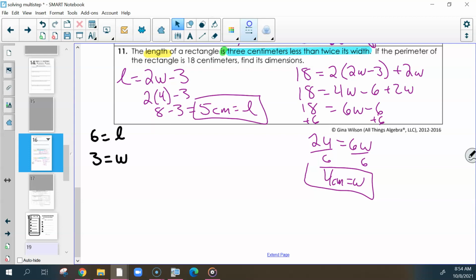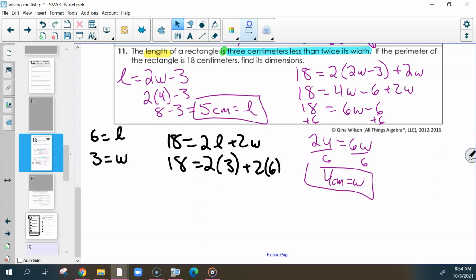So if I put this back into the original, what you originally had was 3 and 6. Well, it doesn't matter. What I have and what they had was different at first.